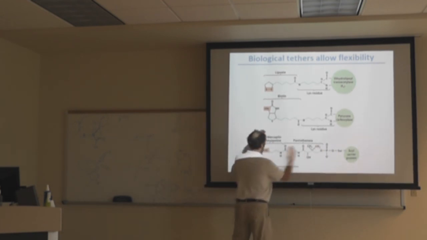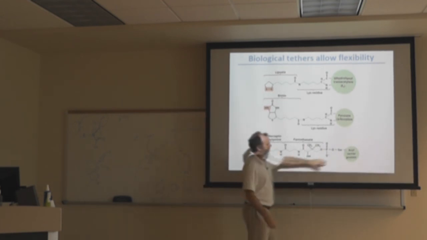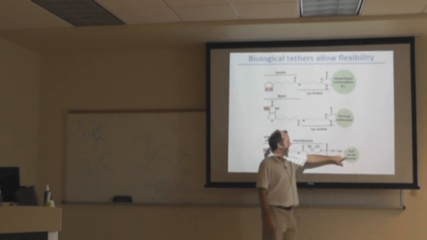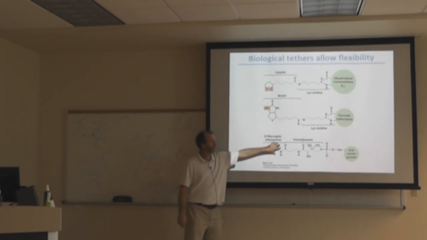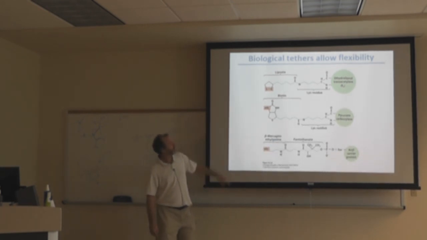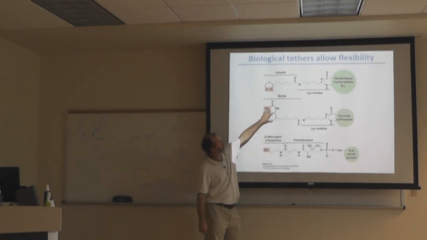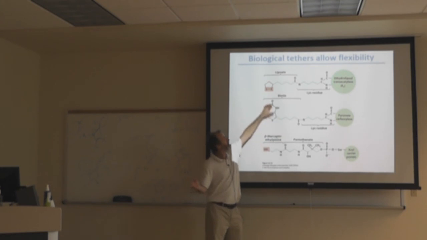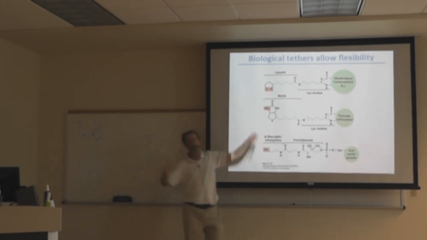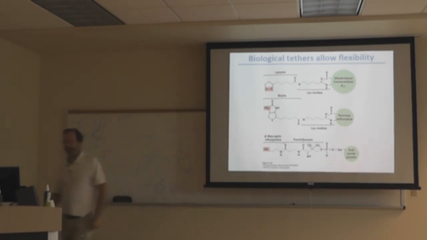This is the active part of the acetyl-CoA. And in fact, in lipid synthesis, we have an acyl carrier protein rather than acetyl-CoA because the production of lipids is all tethered to that protein. But the purpose of these tethers is that it allows flexibility for that enzyme to transfer groups from one place to another to get further reactions on. So just remember that certain ones are on a tether.